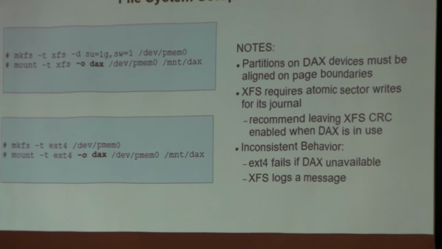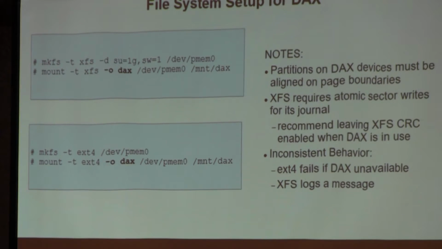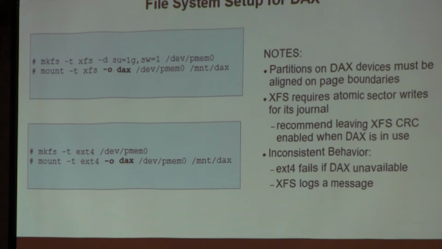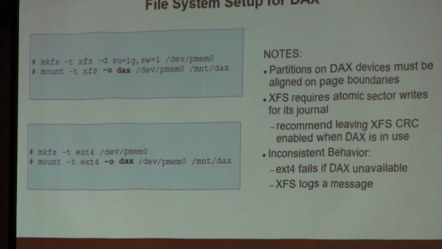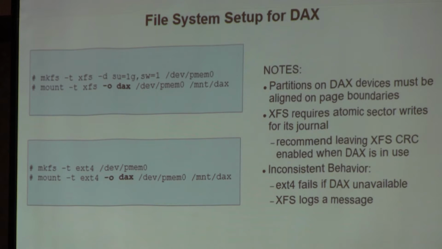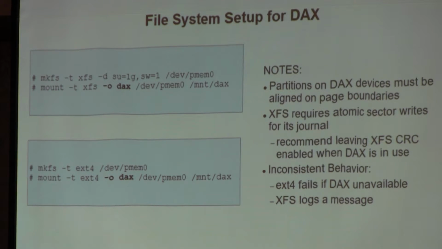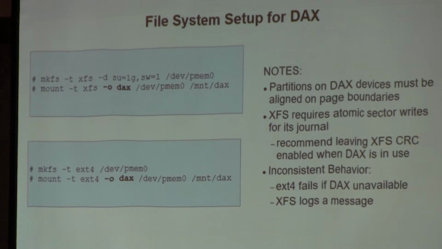So there are just a few comments here, things to watch out for. If you take your DAX device and put partitions on there, standard Linux partitions, they have to be aligned on page boundaries. They are by default, so you don't have to worry about this. Just don't go and change that or you'll have a problem.